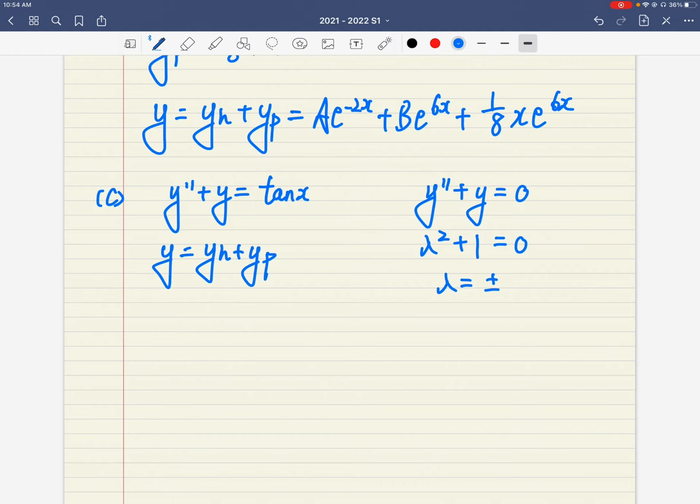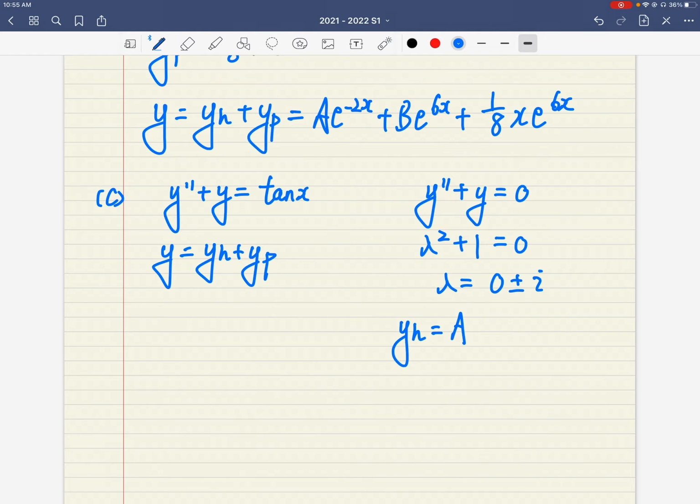Lambda is positive or negative i. Okay, so here you have two complex numbers as a solution of the quadratic equation. So what is yh? Okay, so what is yh? Yh now, okay, it's going to be, so even if it's just positive or negative i, the real part of this complex number is 0. So it's 0 plus or minus i.